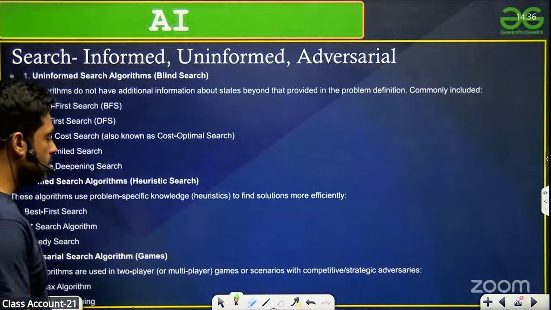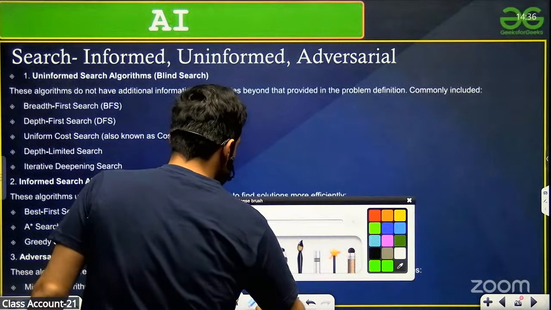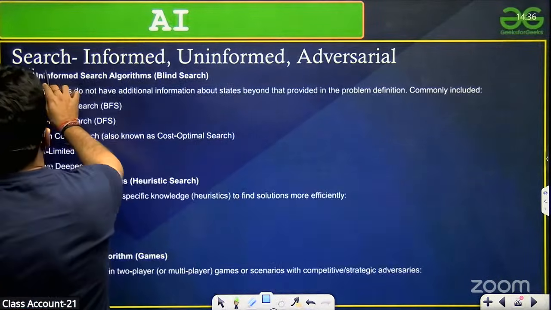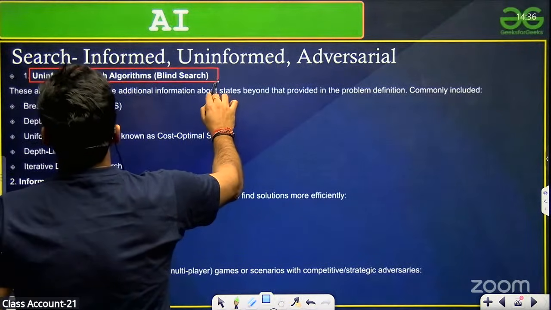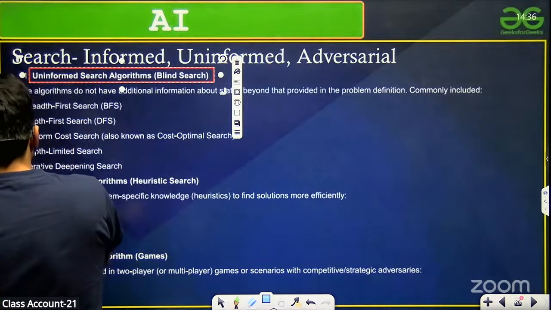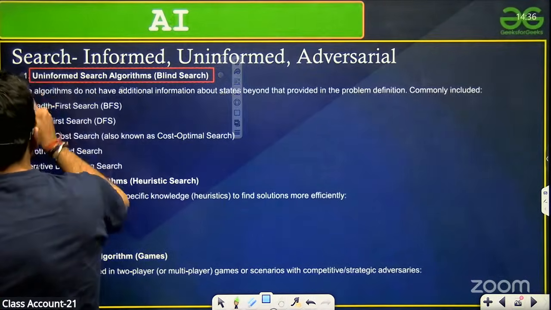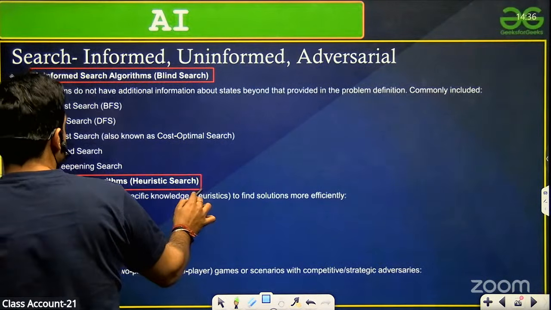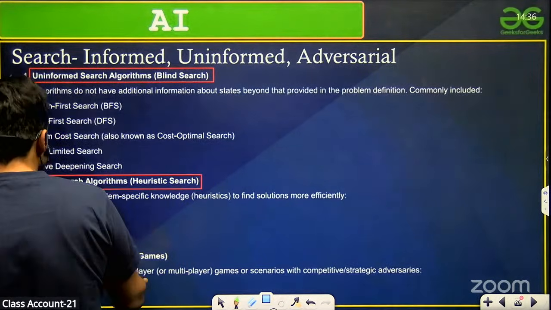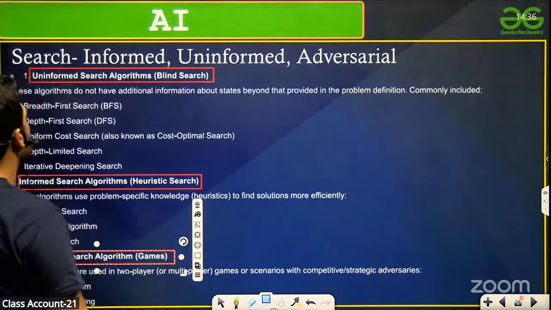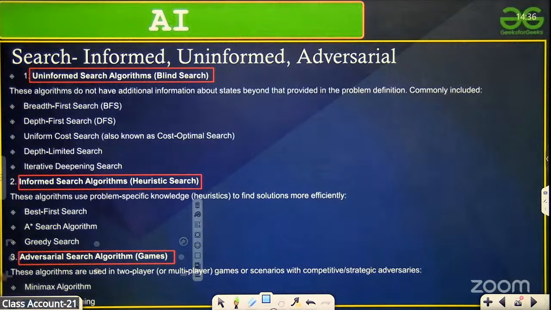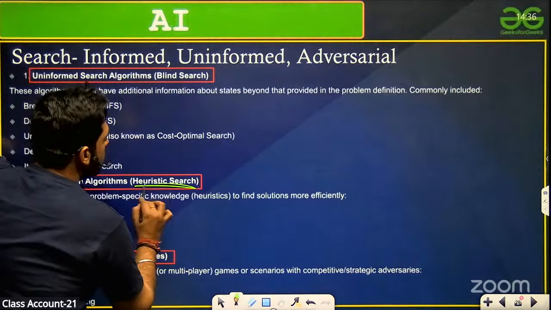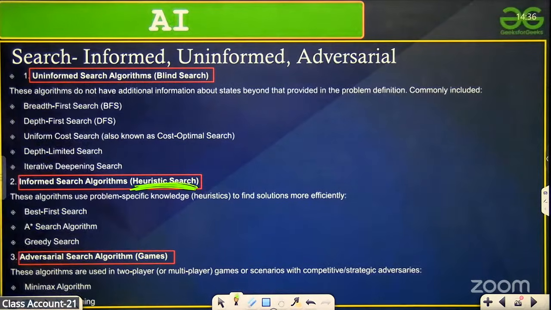The search algorithms include uninformed search algorithms, informed search algorithms, and adversarial search algorithms. Informed search we also call heuristic search.